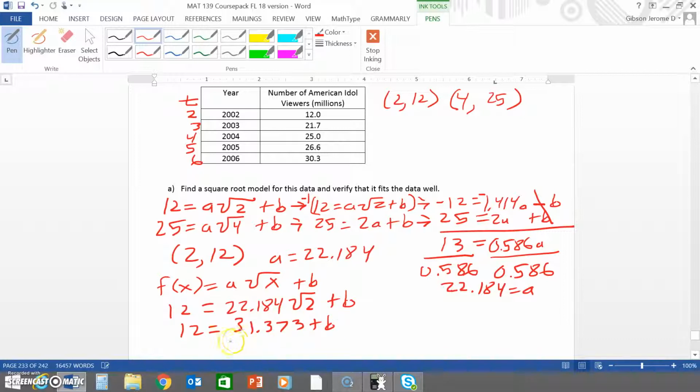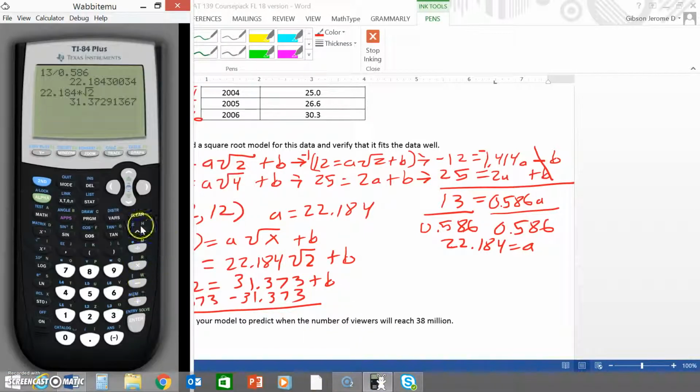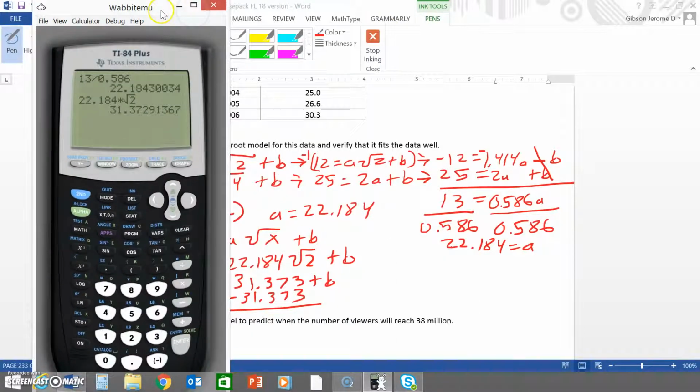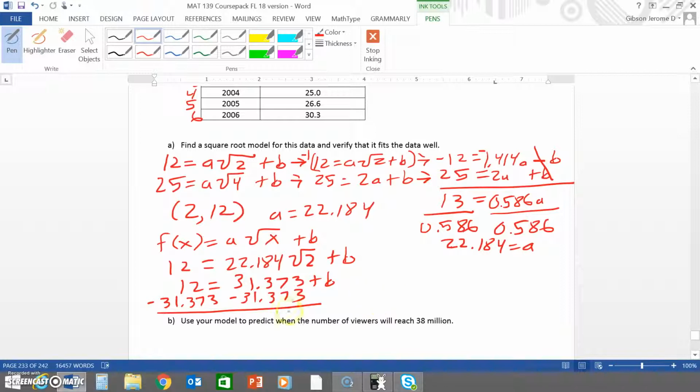Now we have to subtract 31.373 on both sides. So we'll have 12 minus 31.373, and that will give us a negative 19.373. So negative 19.373 is equal to b, because we know these will cancel out.